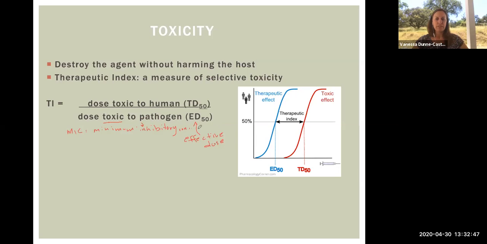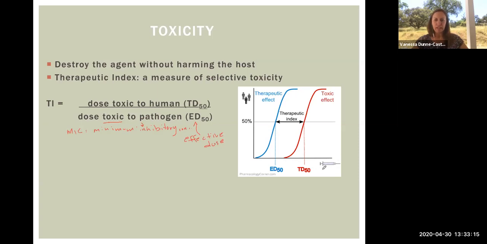So ED50 is the classic use of the therapeutic effect to determine the concentration needed for it to be effective in 50% of individuals or against 50% of the pathogens, or the minimum inhibitory concentration can be used here. Whatever it is, imagine this blue arrow as the increasing therapeutic effect of that antimicrobial medication as you increase the concentration.